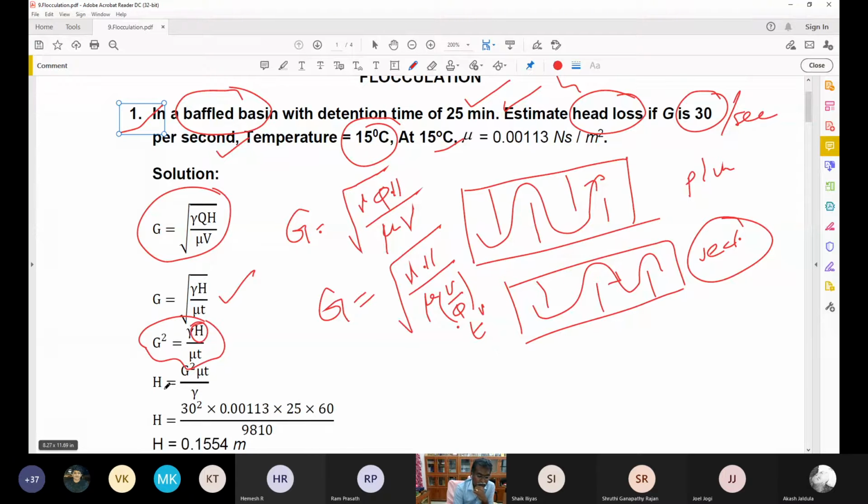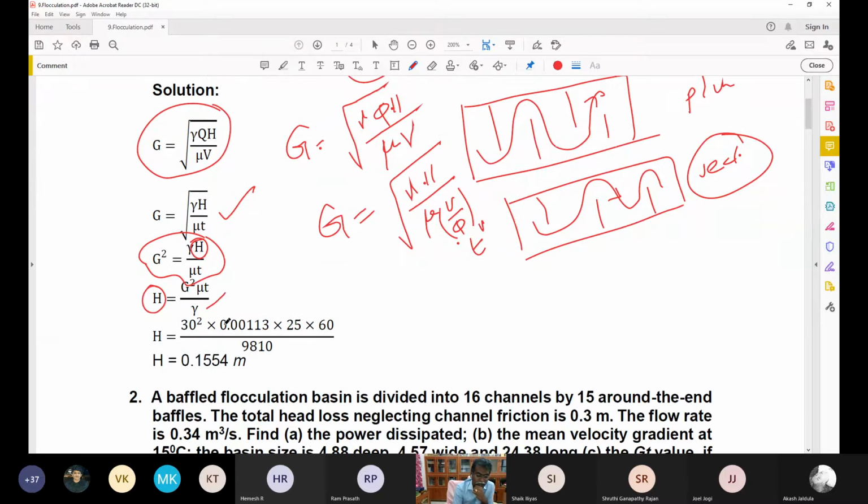Now you can rearrange the head loss equation: H is equal to G square into mu into T divided by the specific weight of water. The G value is given as 30 per second, squared, into the dynamic viscosity of water at this temperature, 0.00113 Newton second per meter square, into 25 minutes.